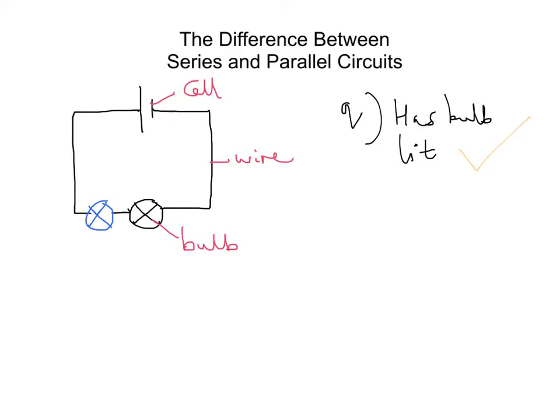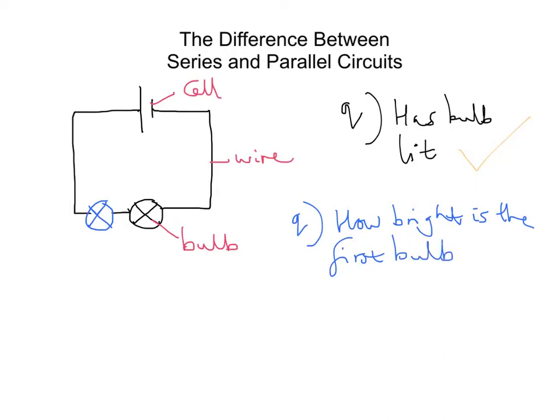And the question you might get asked is, how bright is the first bulb now? You should find that it goes dimmer. So dimmer would be an answer here. I'm going to work through this video as a series of questions and answers. So it would go dimmer. Let's explain why.